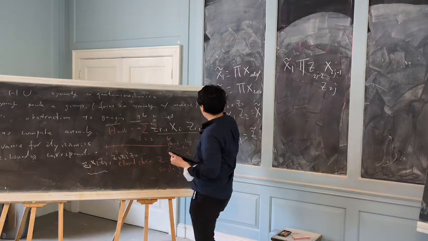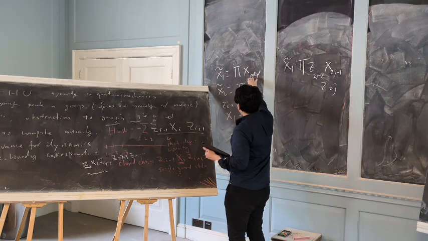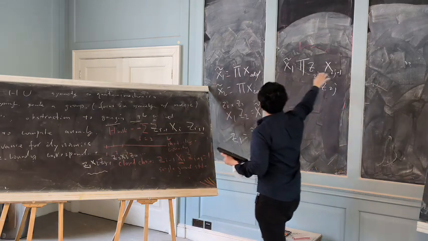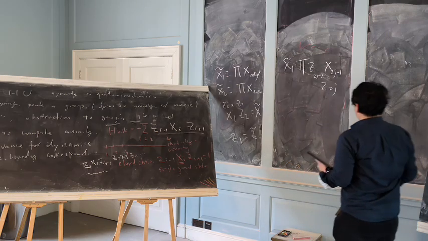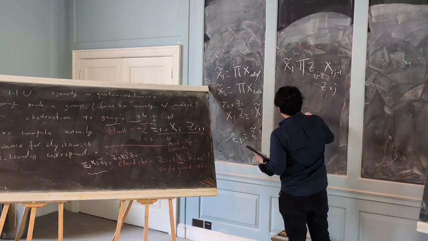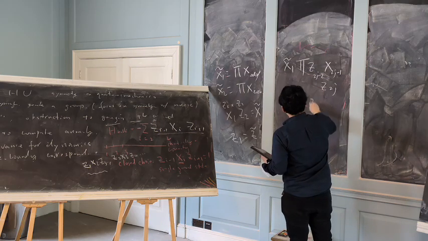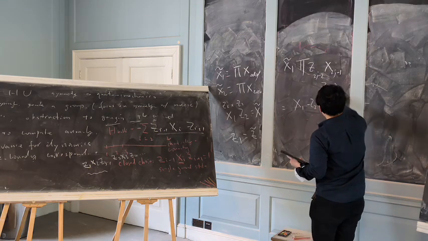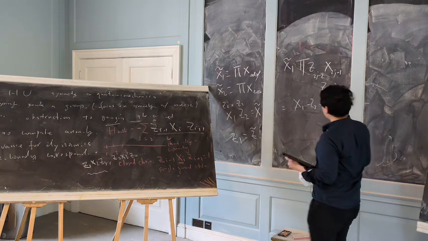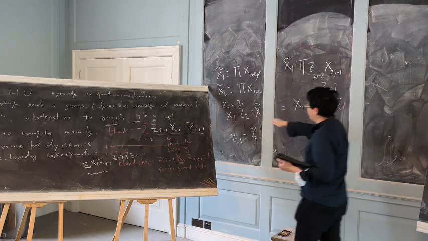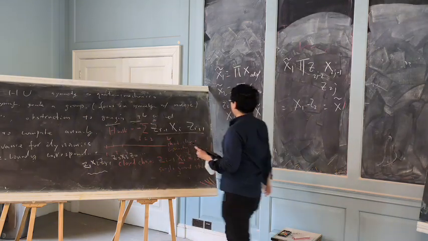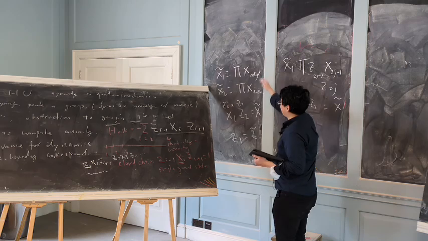For X1, which sits on the very end of the chain, it cannot be cancelled by the product of the Hamiltonian terms. And therefore, what you are left with is X1 Z2, which is this X tilde operator I defined earlier. So this is how the symmetry on this very edge of the chain is related to the symmetry of the bulk.